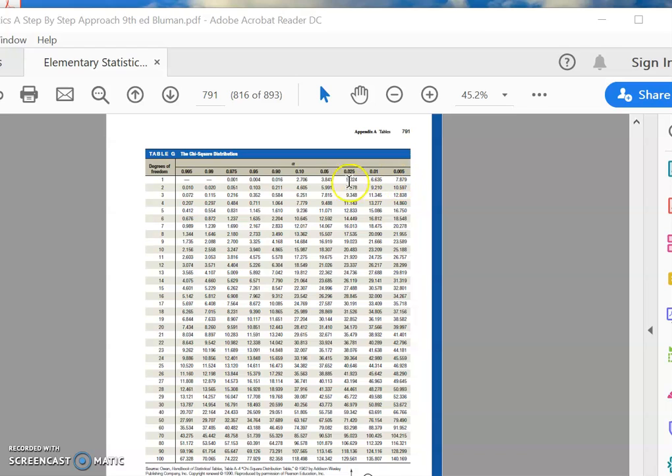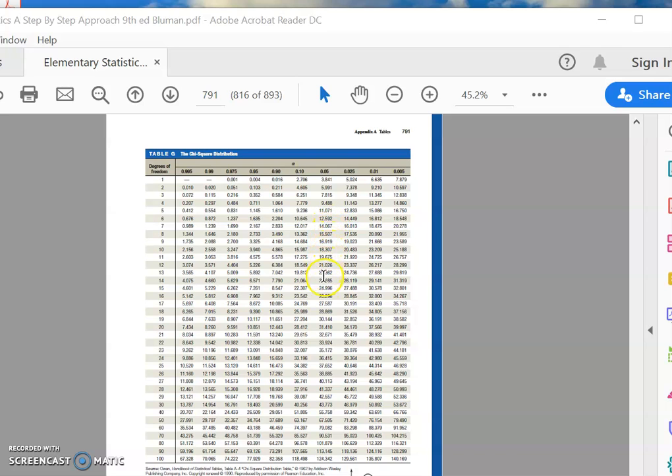So I'm looking for this column right here. Here's the column I'm interested in, and the n that was given to me is 25. Therefore, the degree of freedom is 24. So my row is right here, 24. So it's row 24, alpha of 0.05.